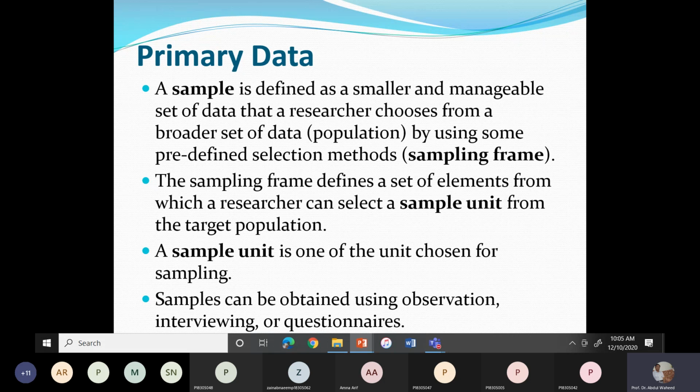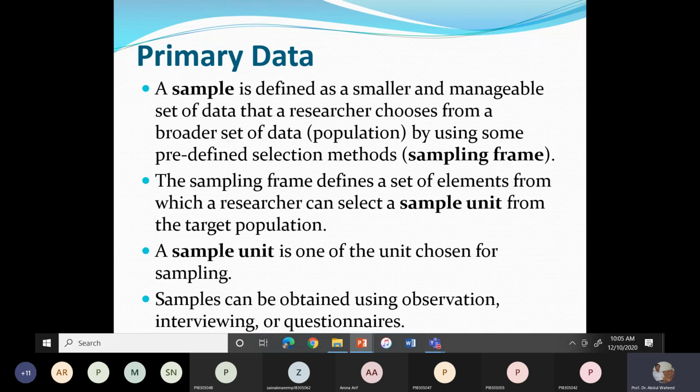So researchers choose a sample, and in some cases we must choose a sample rather than a population census. Because suppose there are products which are produced, and you want to know the ratio of defective items, and you can only know this by destroying that item.